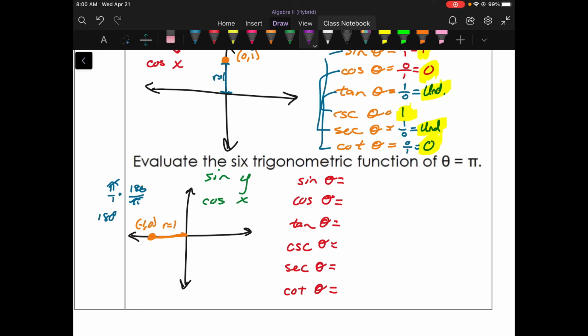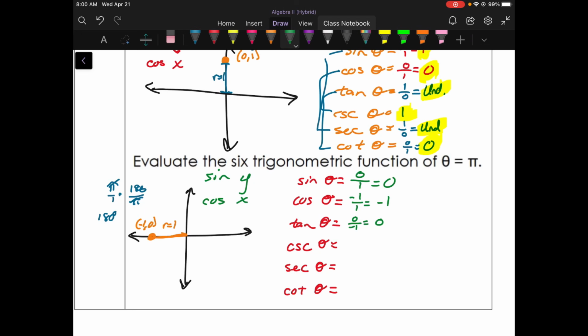So sine is my y value over my radius. So that will be 0 over 1, which is 0, so that's okay. You can have 0 in the numerator. Cosine is x, so negative 1 over 1, which is just negative 1. Tangent, y over x, 0 over negative 1 is still 0, which is okay.